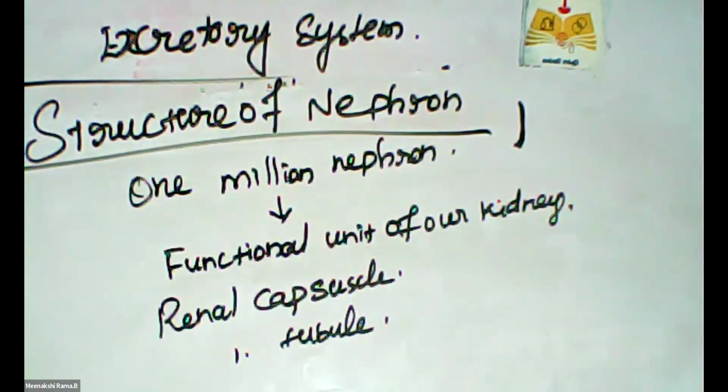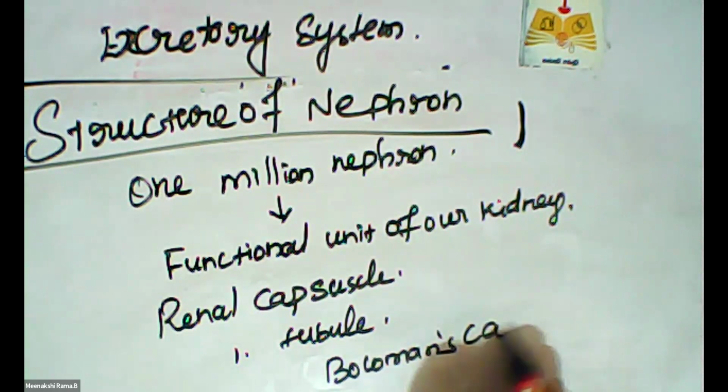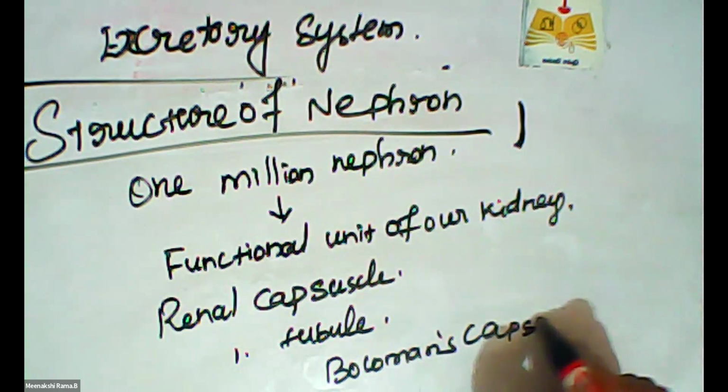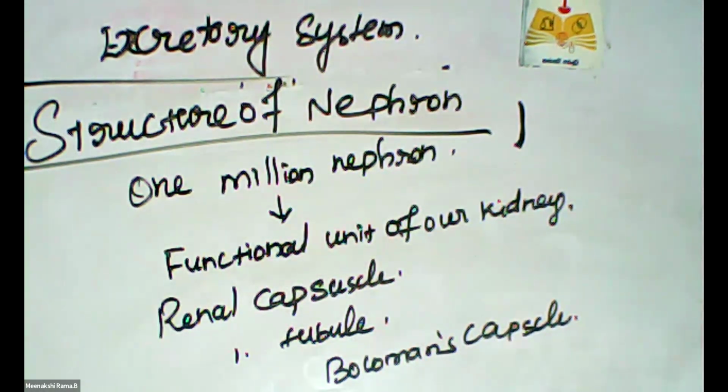Each nephron contains the capsules and then renal tubules also. The renal capsule is cup-shaped.